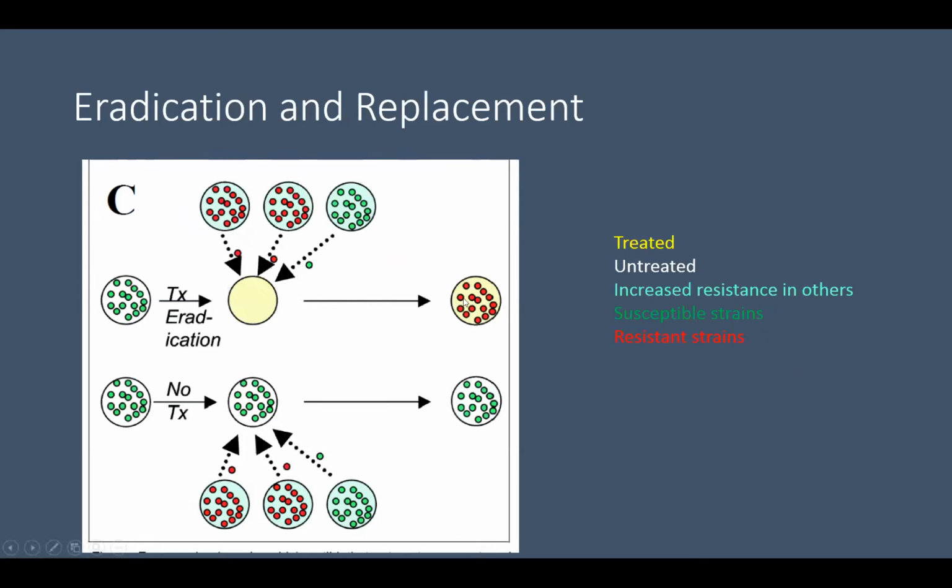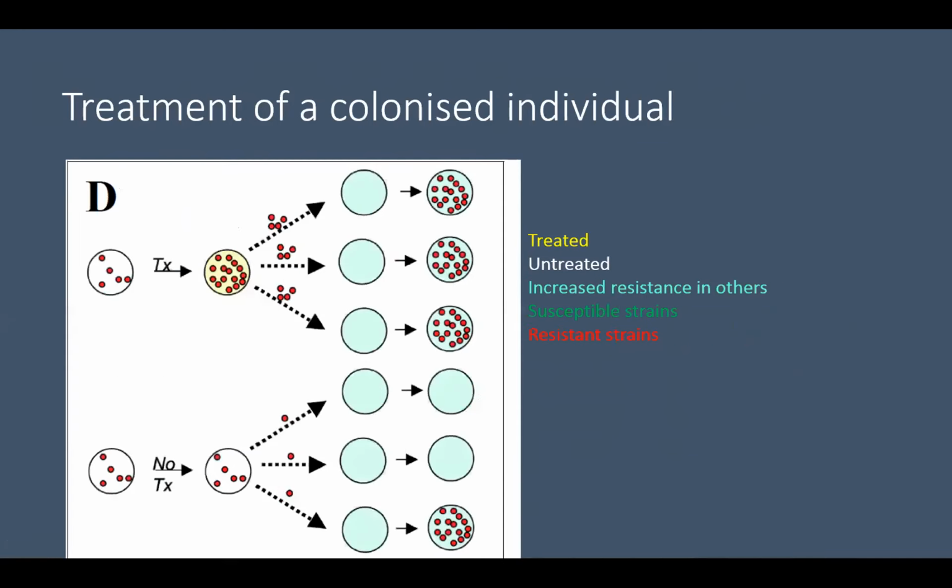And so they acquire these red bacteria, which are the resistant strains. And that might occur, for example, if there was an outbreak and there was a circulating strain that was highly resistant. And then the final scenario here that Lipsitch shows is treatment of a colonised individual.